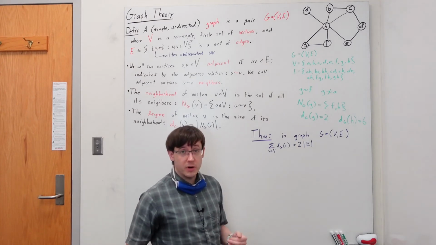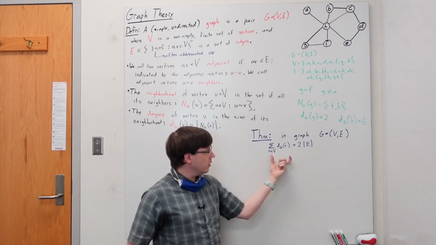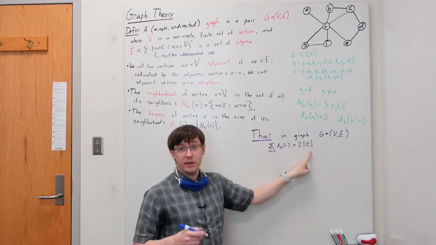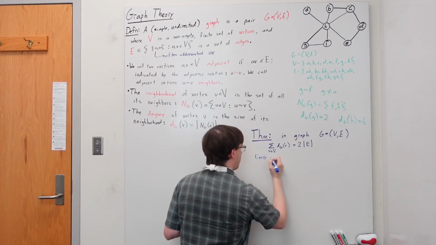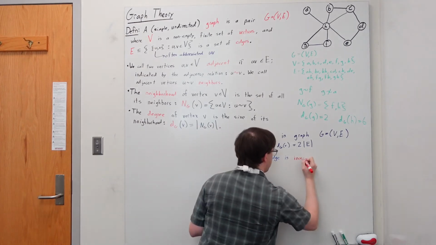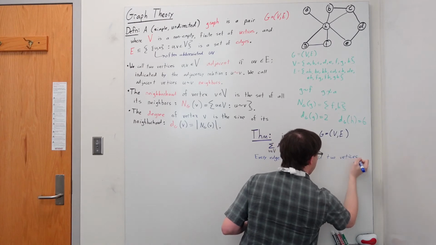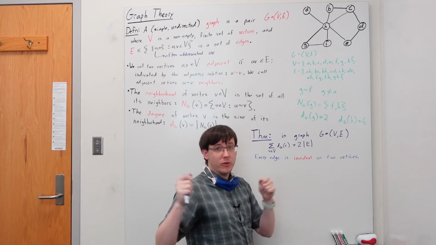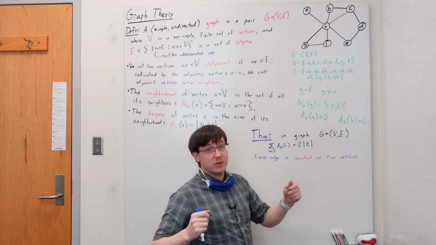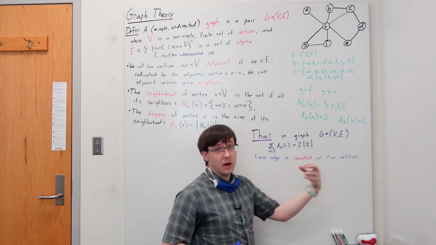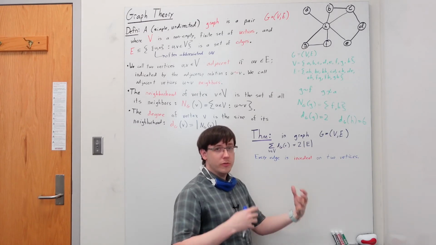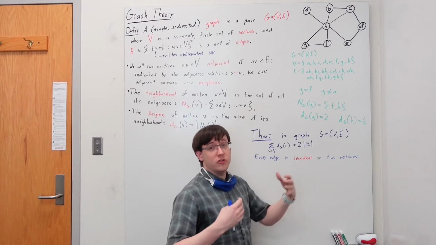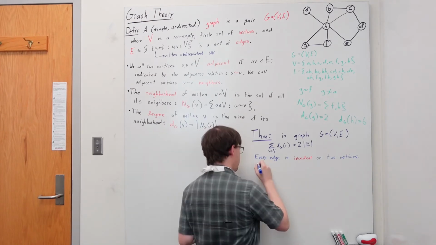And we can give a combinatorial proof. We want to argue that this sum is counting every edge twice. Every edge in the graph has a vertex on either end, so those are the vertices that the edge is incident on. And so for each of those two vertices, the edge will contribute to the degree of that vertex.